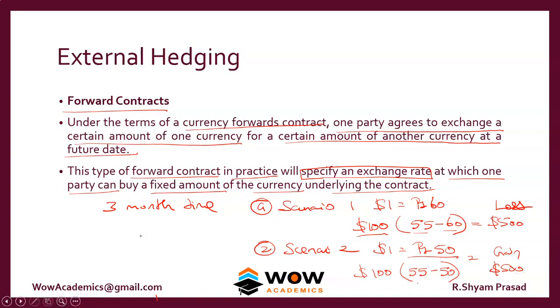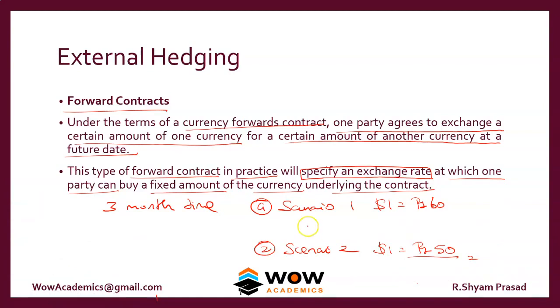You can also work out this in a different manner. How much did the bank give? The bank gave you 5,500. In the first scenario, it's 5,500 minus 6,000. If you had converted the $100 at 60, you would have got 6,000. In the second, $100 into 50 would have got you 5,000. So have you made a profit?